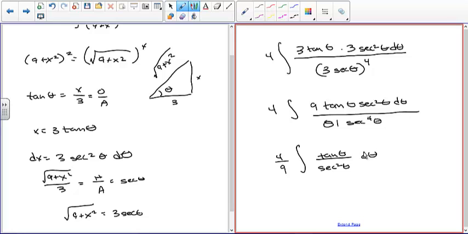Okay, so there we go. If you simplify 9 over 81, it's just 1/9. And the secant squared theta in the numerator cancels out with 2 of the secants in the denominator. So we get tangent theta over secant squared theta.